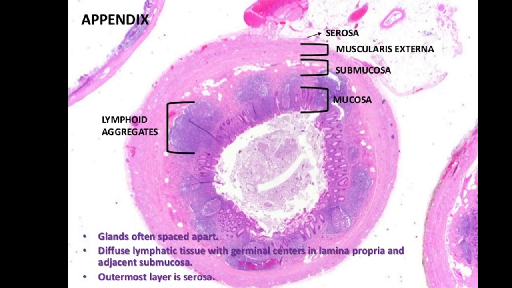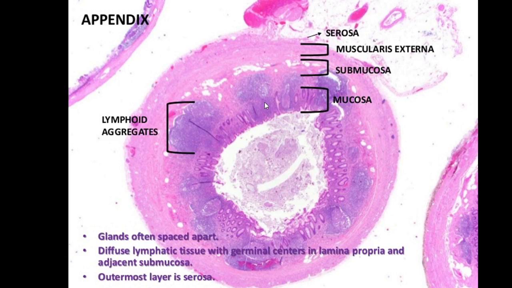Here in this H&E stained section, you can see the appendix. The lumen of the appendix is very narrow. Here you can see the mucosa. This is the lining epithelium, which shows that it is folded to form the crypts of Lieberkühn.